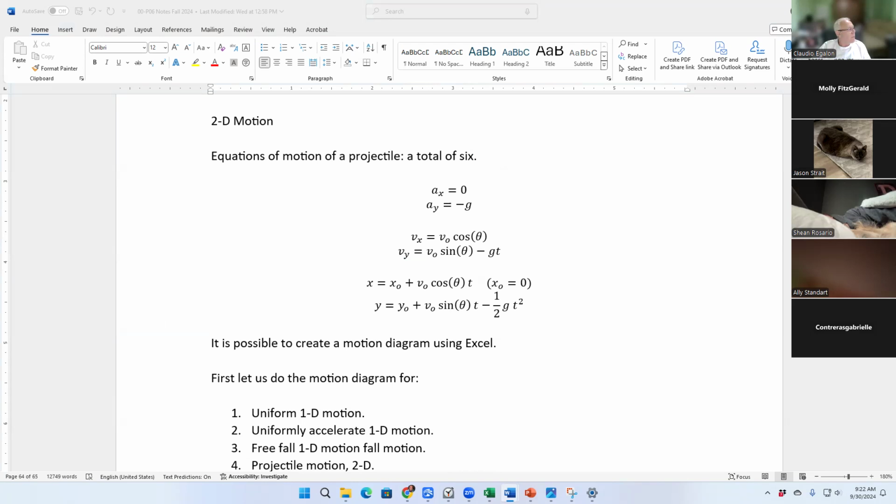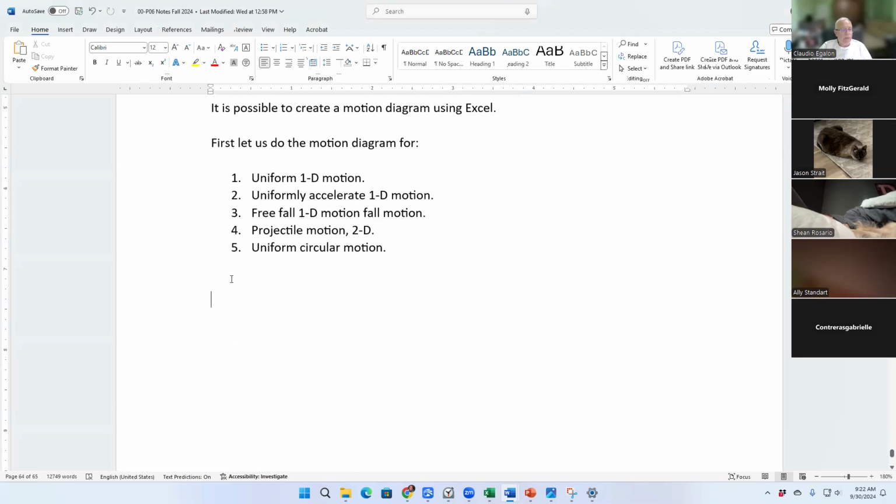The first example. Let's say we can work out an example like this one right here. There are several examples that we can work. Here you go.